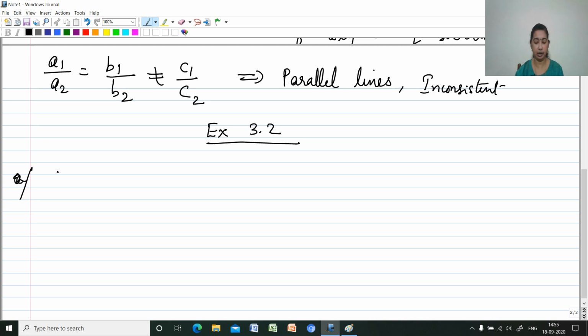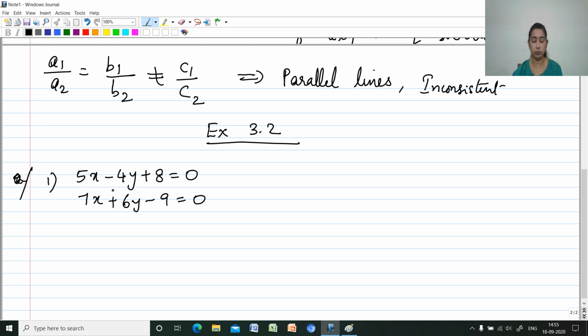Find out whether the lines representing the following pairs of linear equations intersect at a point, are parallel or coincident. The first question: 5x minus 4y plus 8 equal to 0, then 7x plus 6y minus 9 equal to 0.